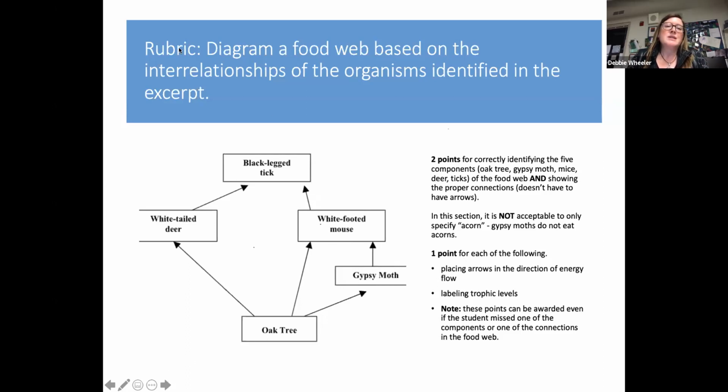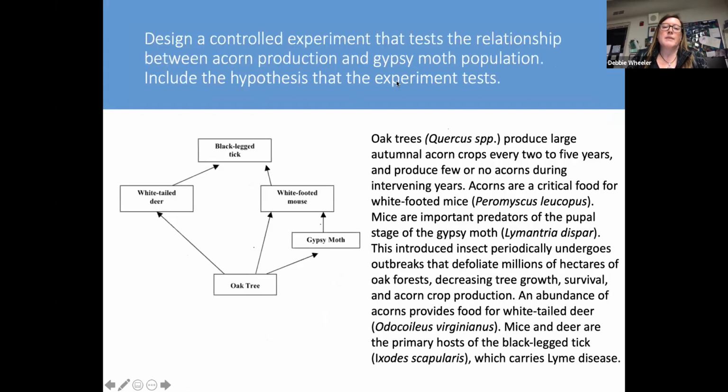Let's see how we can use the same information to create an experimental design. Okay, so design an experiment to test the relationship between acorn production and gypsy moth population. And we need a hypothesis. What I really want to see is, can you identify the independent variable and the dependent variable?